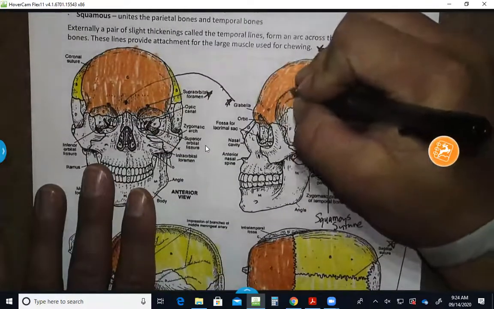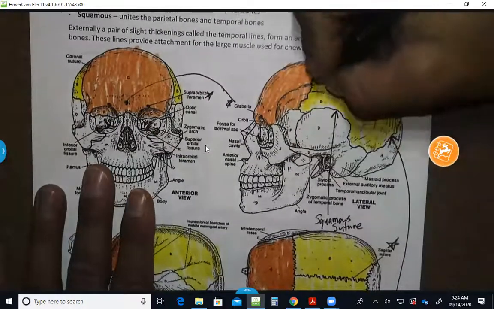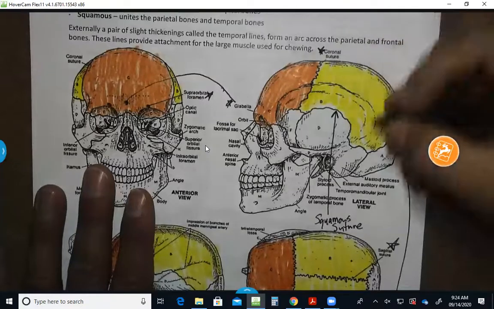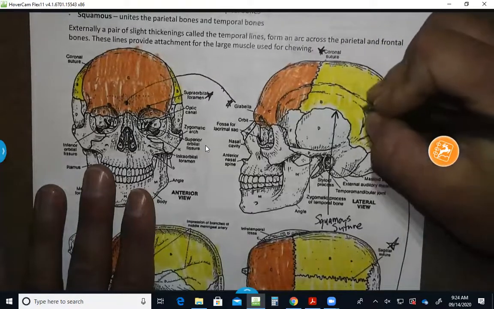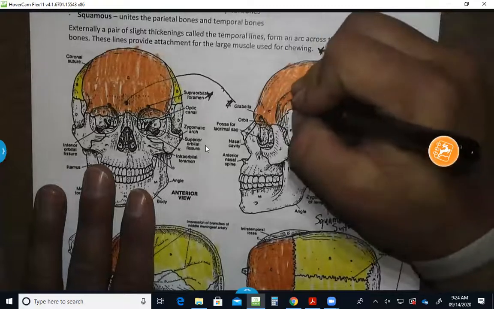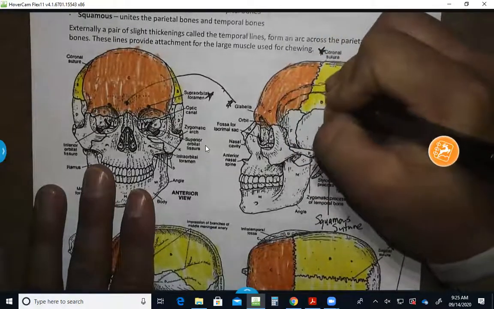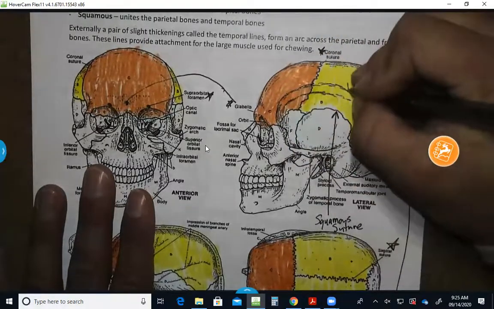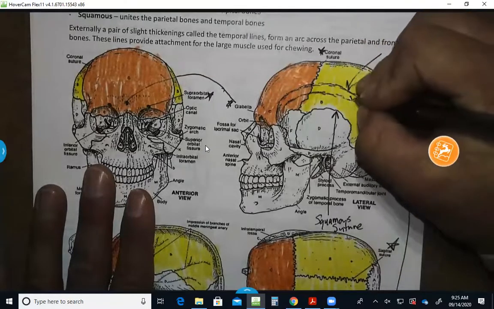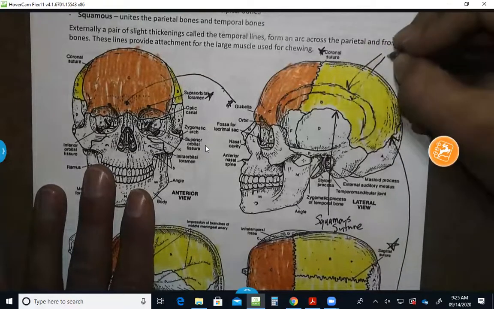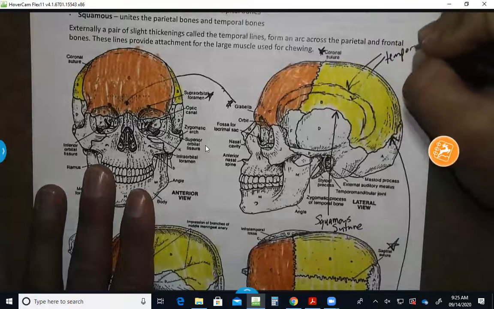All right, and then finally, I'm going to darken them in a little bit. These are not super pronounced, but they are there, and they are important, what we call our temporal lines.